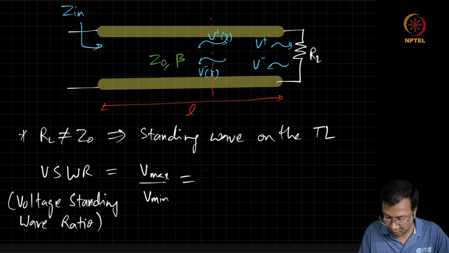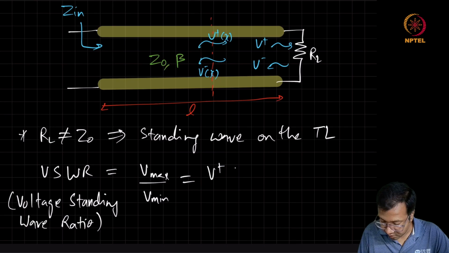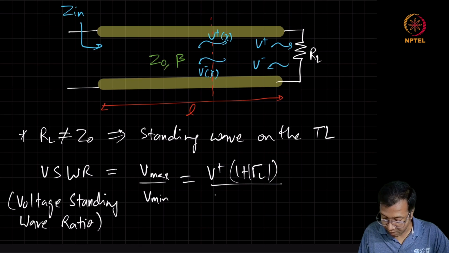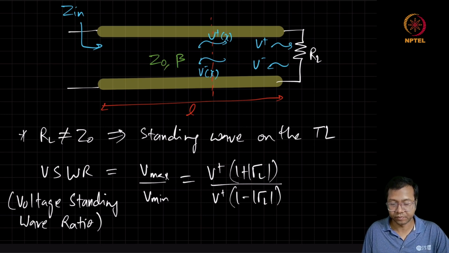This Vmax happens when V plus and the reverse traveling wave are both in phase, so their amplitudes get added, whereas the minimum occurs when their amplitudes are opposite.